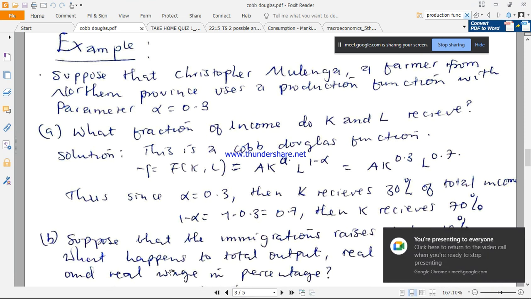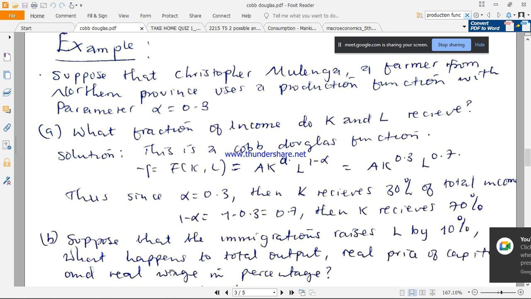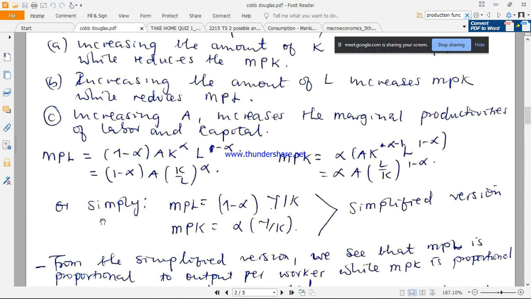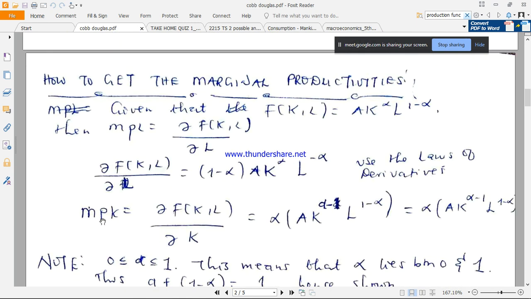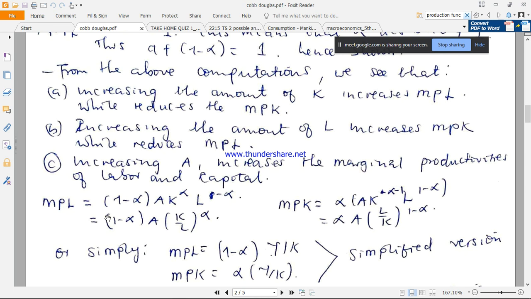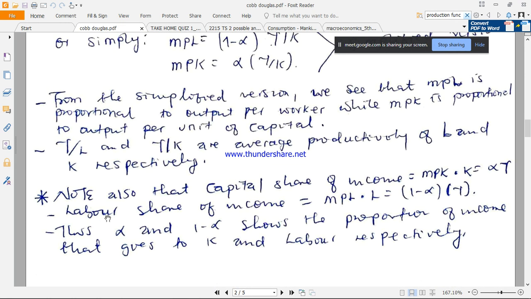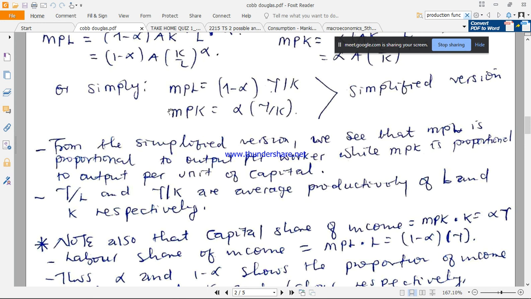Scroll up, there, where you have marginal product of labor.